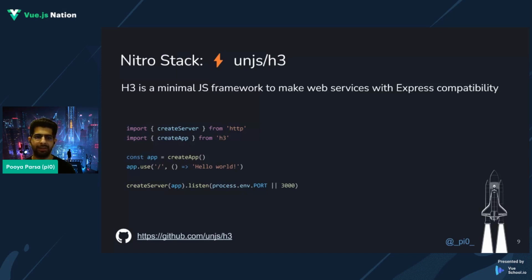And because of this, we ended up with the H3 project. H3, which is short for HTTP, is a super simple stack runner and router that we can use to create a web server, similar to Express applications, while at the same time leveraging modern features like async await syntax, or even using your existing Express middleware inside it for backward compatibility.